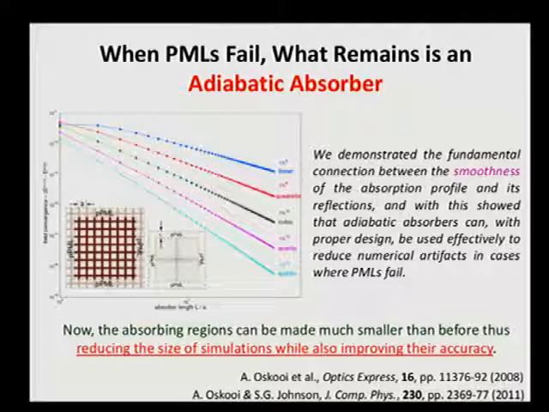Based on this work, the absorbing regions can be made much smaller than before, thus reducing the size of simulations while also improving their accuracy. The figure here shows a plot of the field convergence, which is proportional to the reflections from the absorbing boundary layers, as a function of the absorber length for 5 different absorption profiles.